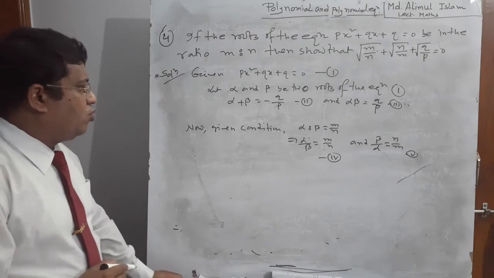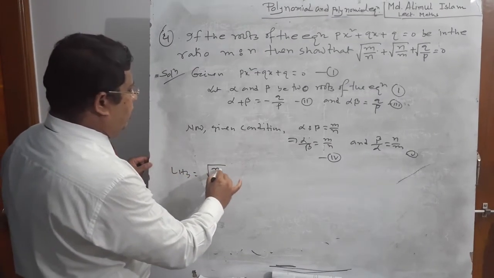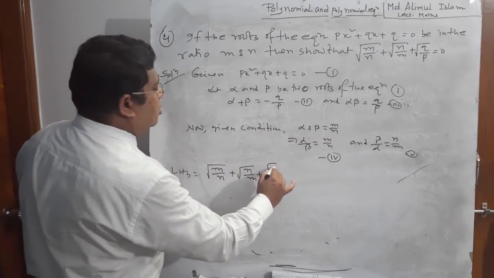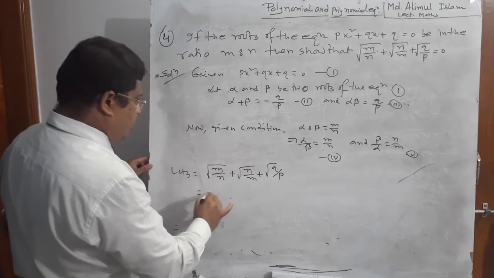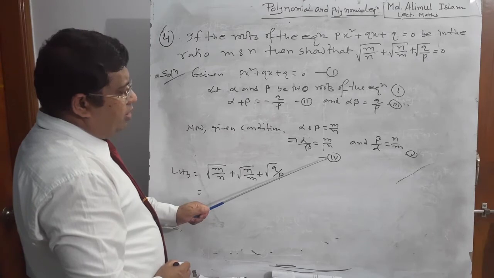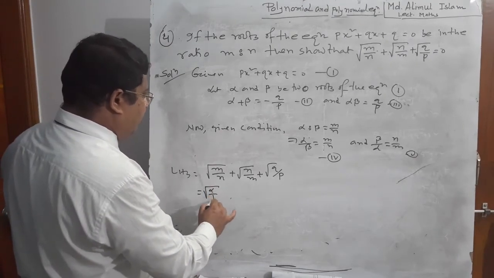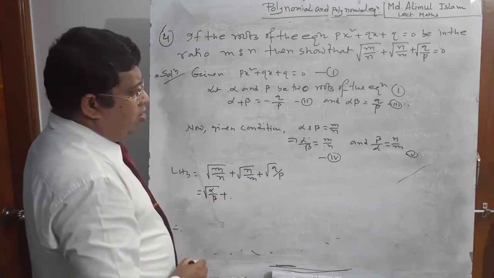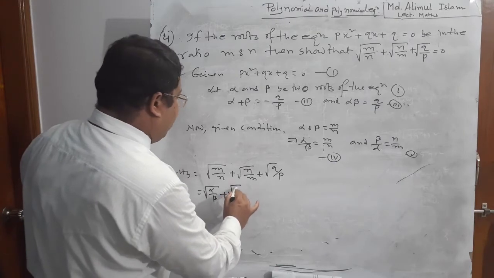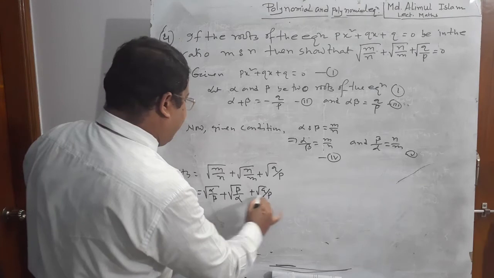Now left hand side, writing here left hand side, root over m by n plus root over n by m plus root over q by p. Equal m by n means you take from relation 4, alpha by beta, plus n by m, from 5, that will be beta by alpha, plus root over q by p.